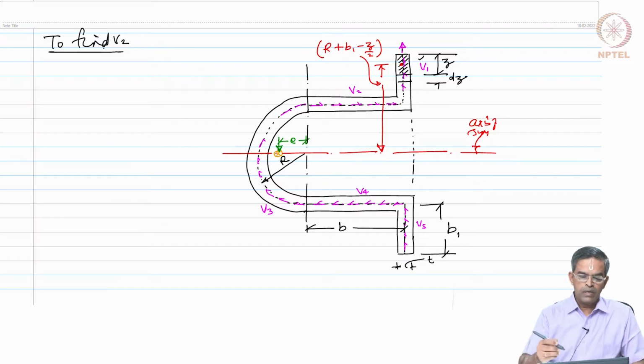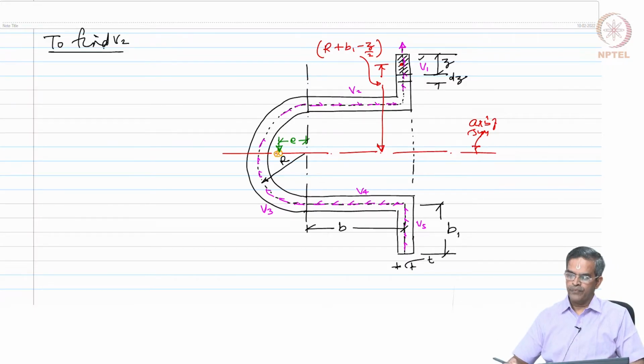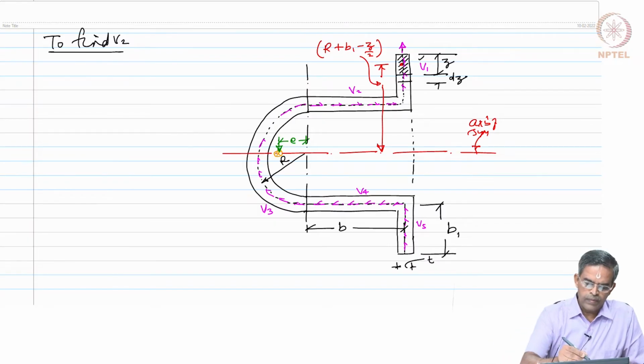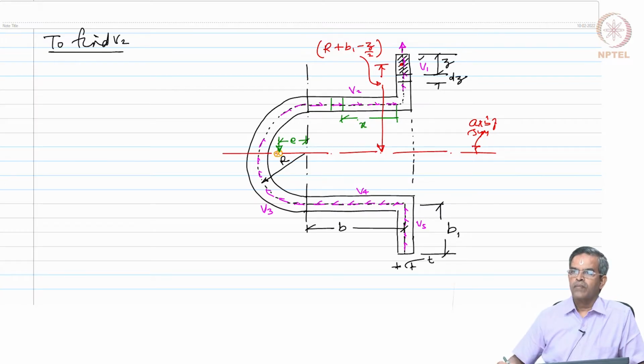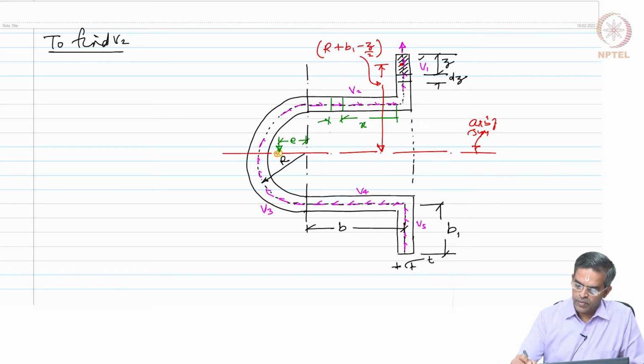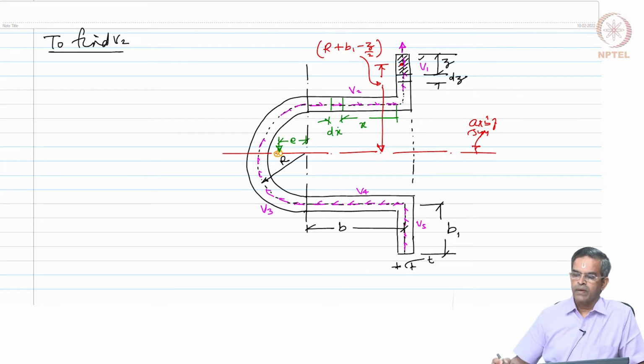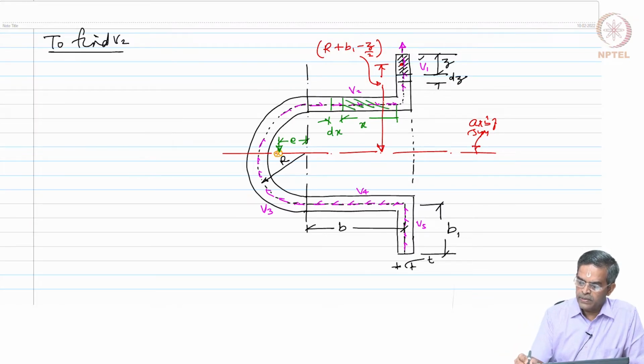Let me cut a new strip now, which is here at a distance x from here. The thickness of the strip is dx and I want the hatched area is this.